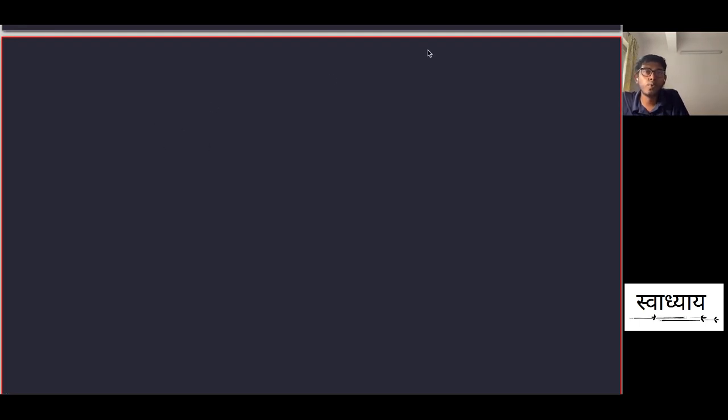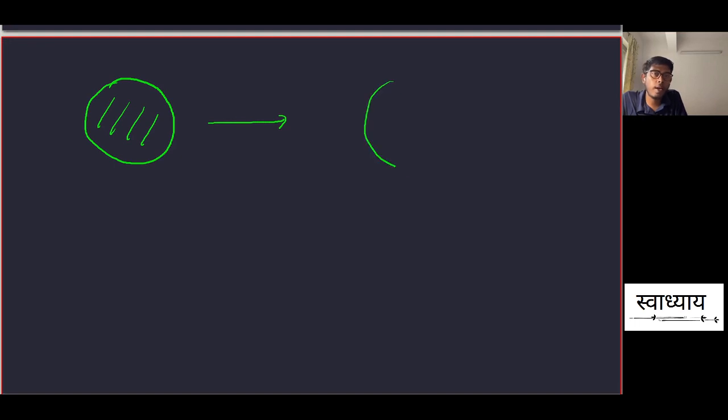So let's see the proof of at least the thing that if I have a disk and if I take the whole boundary to one point, I'll be getting a sphere. So this is my disk, and how is it defined?